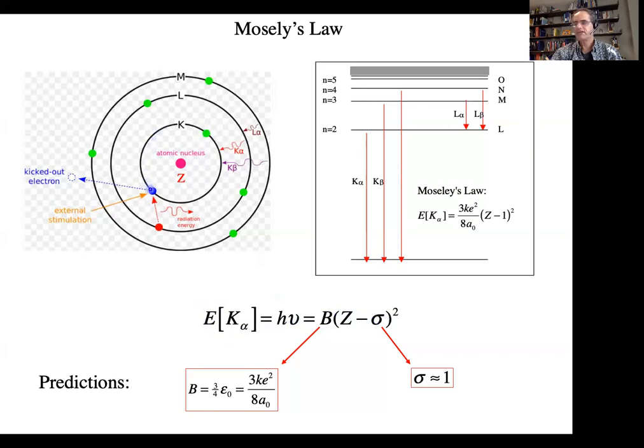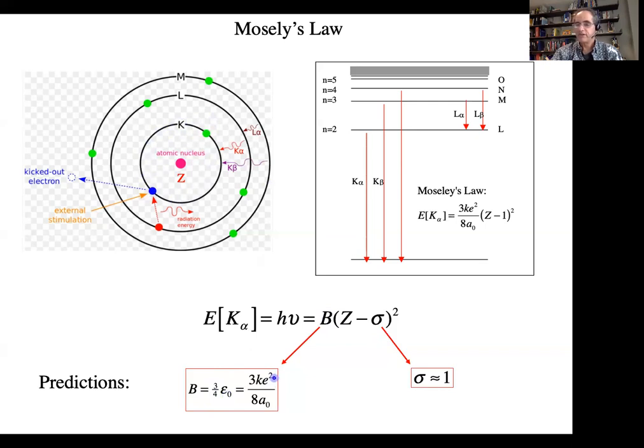It's the reduction in the effective charge on the nucleus because you have this other electron that the first electron can interact with as well. In the simplest possible model, B here would just be 3/4 of the binding energy of the hydrogen atom, because that's the energy for the n equals 2 to n equals 1 transition in a hydrogen atom.